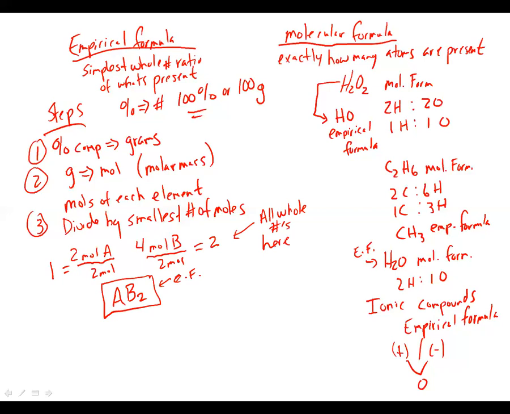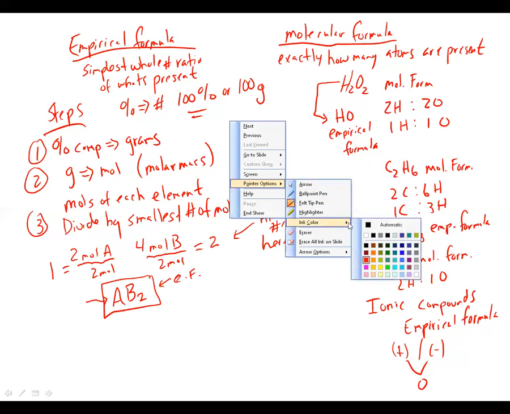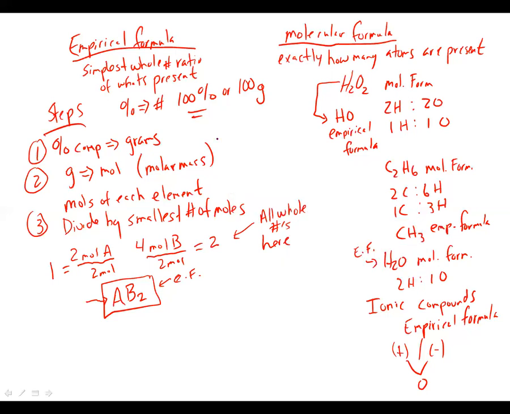And if you do this step where you divide by the smallest number of moles and you do get all whole numbers, then that, much like our example here, will give you the empirical formula. But if you do this step and you do not get all whole numbers, then that is not a good thing, and that will not give us our empirical formula. So for example, say we ended up with 2 moles of A, but 5 moles of B. In this case, we would still divide by 2, which is the smallest.